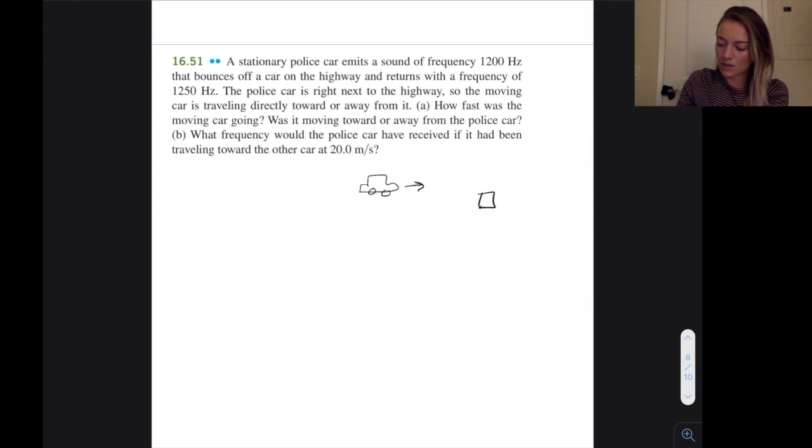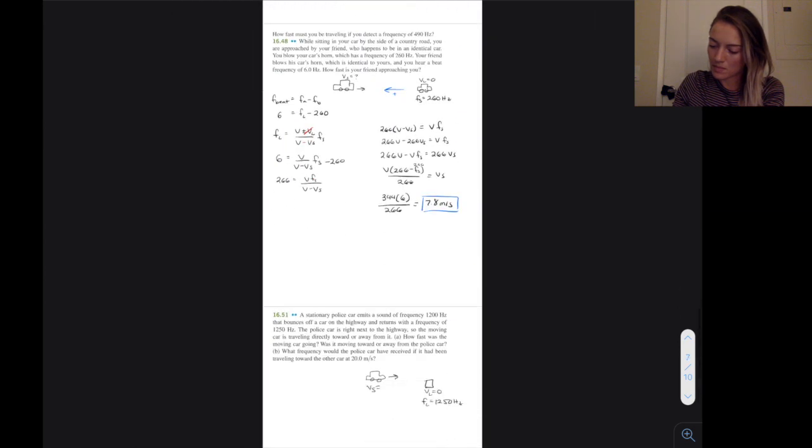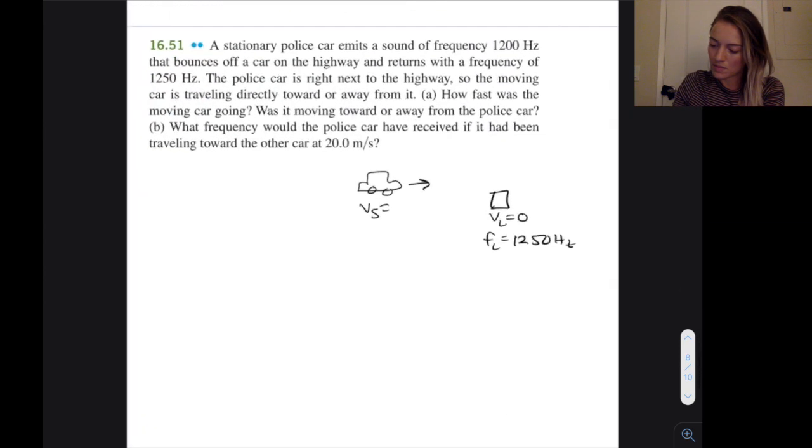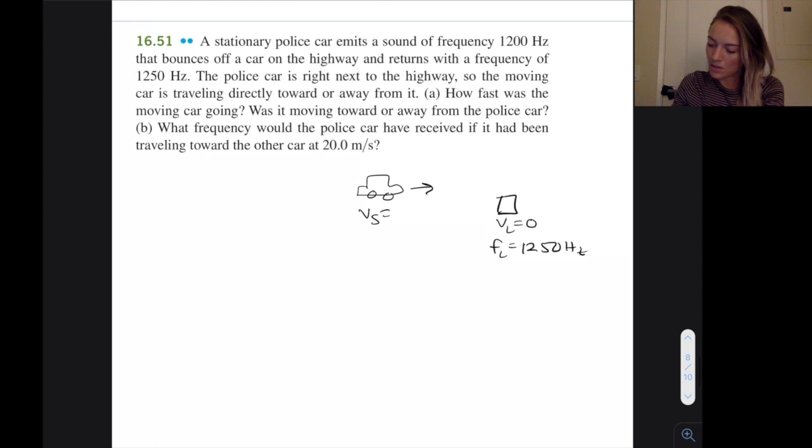So the velocity of the listener is 0, the velocity of the source, we don't know yet. Then the frequency of the listener, he hears 1250 hertz. Okay, so let's see, how fast was the moving car going?